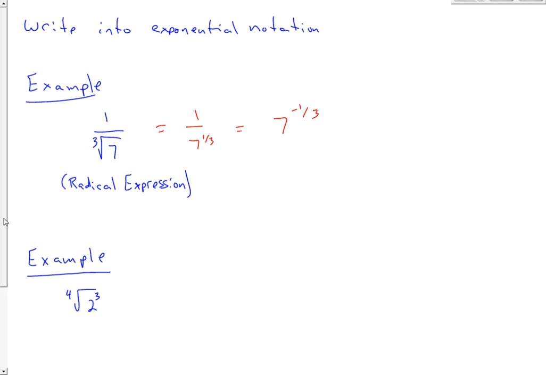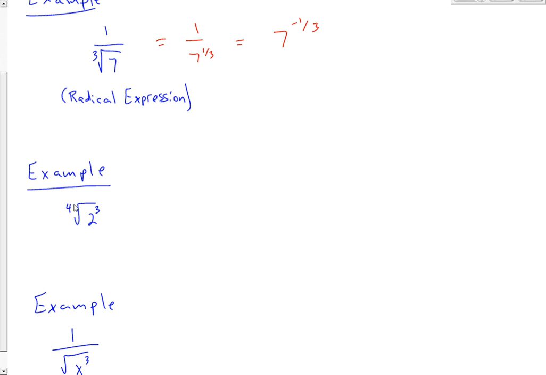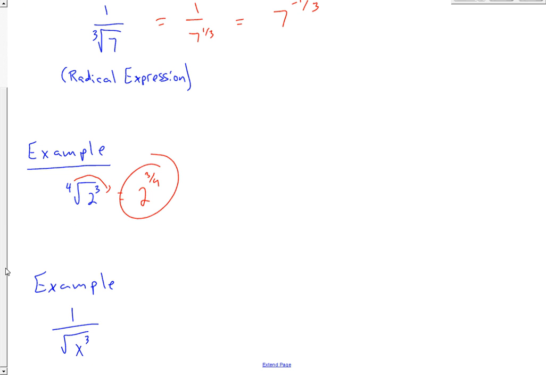Looking at the second example, we need to make sure we apply the radical value, bring that over to the exponent here, and we're going to have that as a denominator on the exponent, so that's 2 to the 3/4. And that is our exponential format.